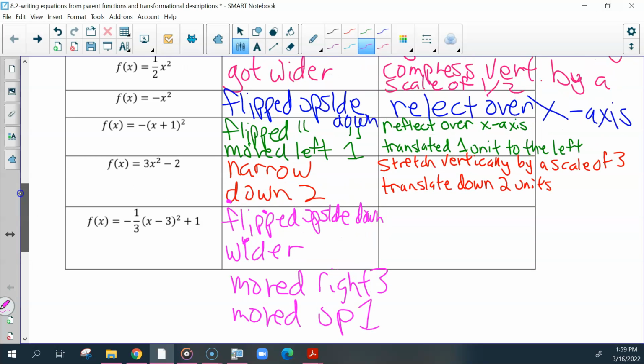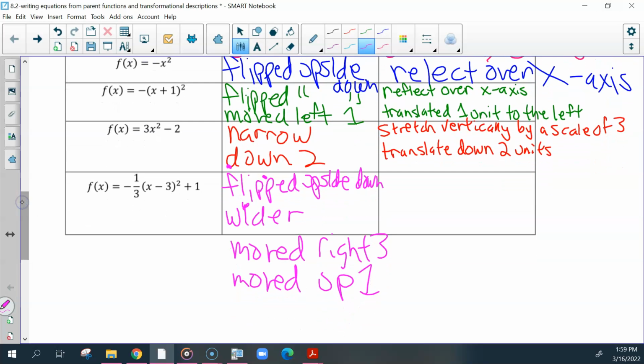Putting those all together, ignore how sloppy that looks. When flipped, it would be a reflection over the x-axis.